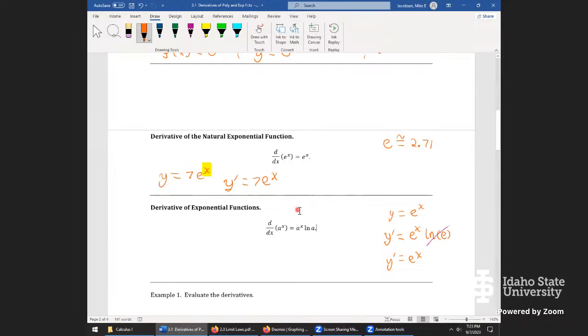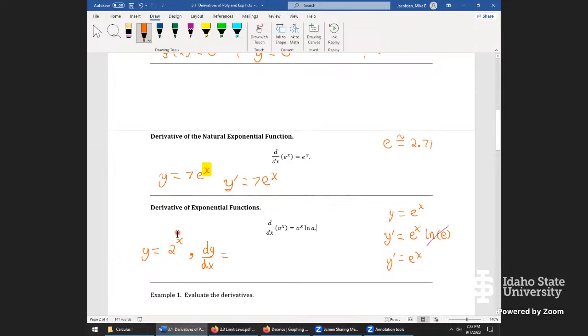Okay, let's try this one out with a more bona fide example. If y was equal to 2 to the power of x, that's a perfectly fine exponential function, just like e to the power of x. Even the bases are somewhat similar. Base e is about 2.71. Now, if you were to differentiate this thing, it would be dy/dx or y prime.